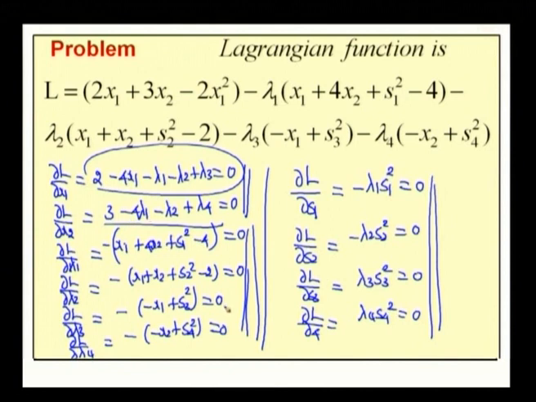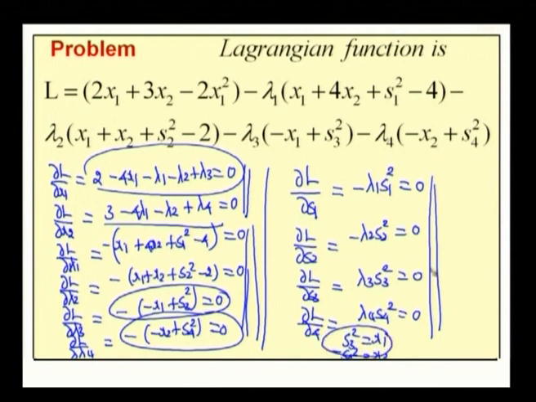And from these equations, we are getting s3 squared equal to x1 and s4 squared equal to x2. Now, by making use of this in these two equations, this equation can be simply written as lambda 3 into x1 equal to 0, and this equation can be written as lambda 4 into x2 equal to 0.